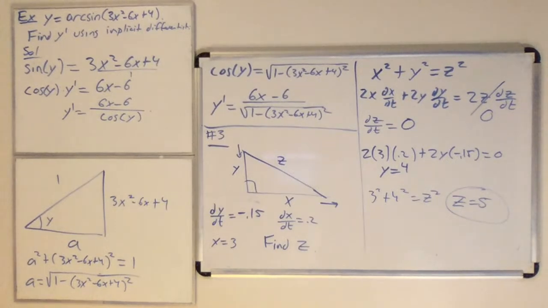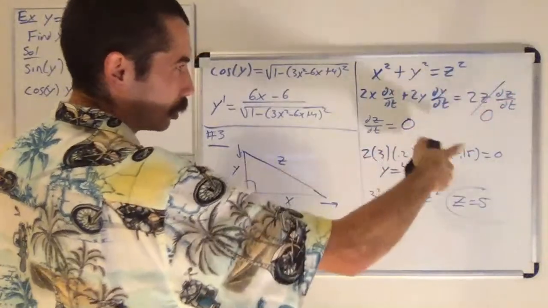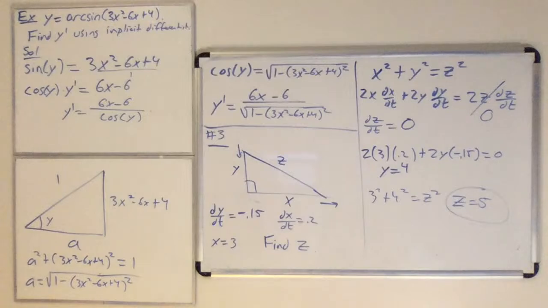Okay. So here we weren't able to find z once we took the derivative, but we were able to find y, which helped us find z. So sometimes you have to take a little bit of a sidetrack to get to the answer, but it worked out.